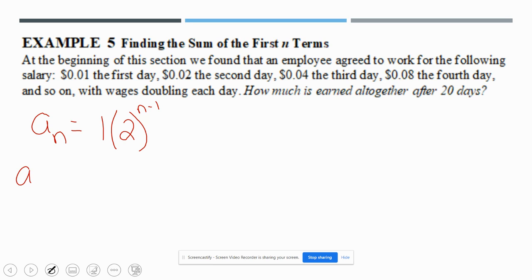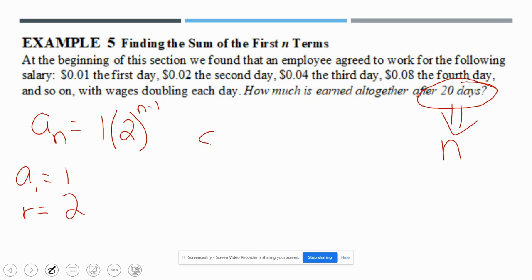So we know a sub 1 is 1, r is 2, and it's asking us for the sum that you've earned for all 20 days added together in one total. And so 20 is going to be our n.